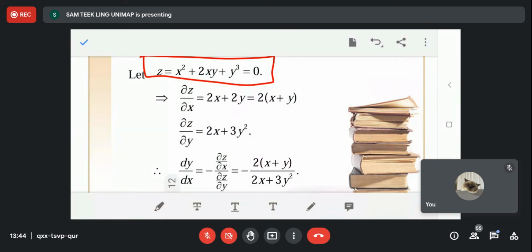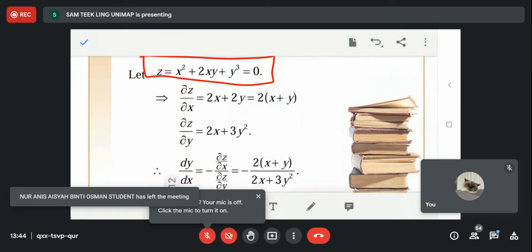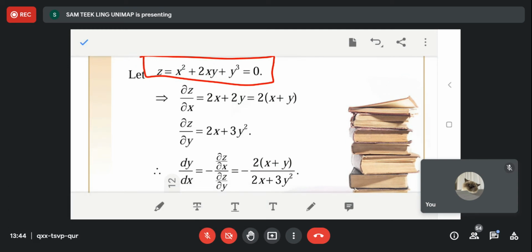Any problem? Is this okay or not? Okay. So this is our implicit function.